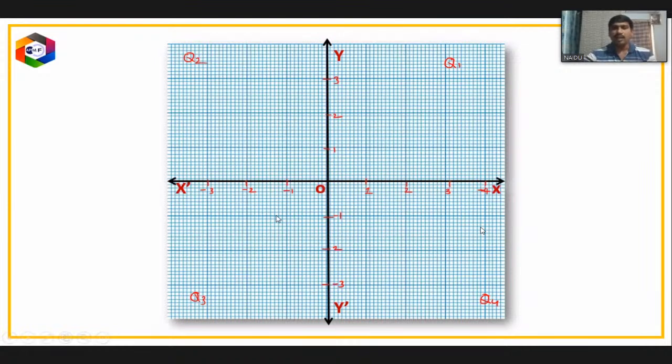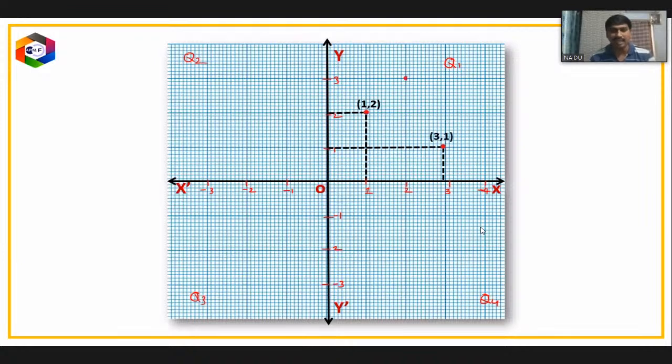Here in quadrant 1, I have considered a point. Let us observe this point. This point is 1 unit away from the y-axis and 2 units away from the x-axis. So the point can be named as (1, 2). Let us consider another point in the same quadrant 1. It is 3 units away from the y-axis and 1 unit away from the x-axis.